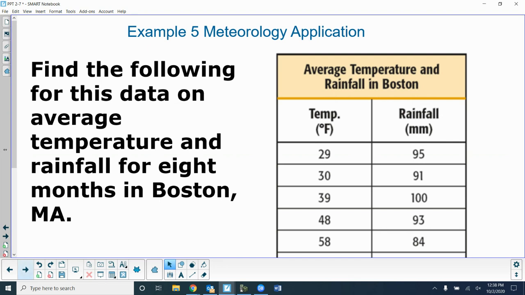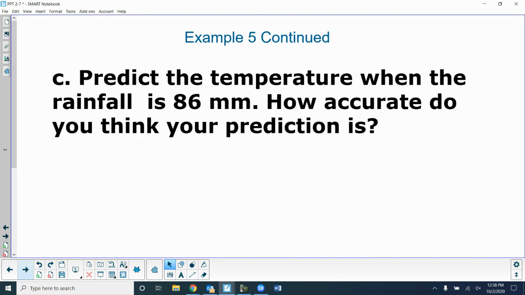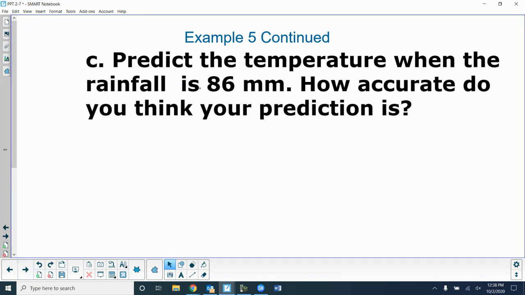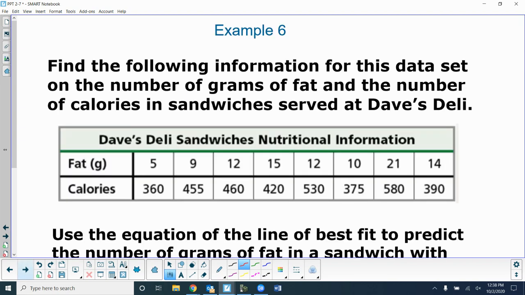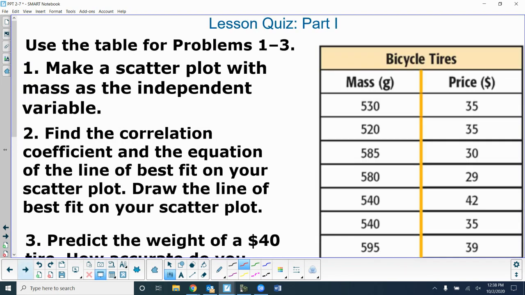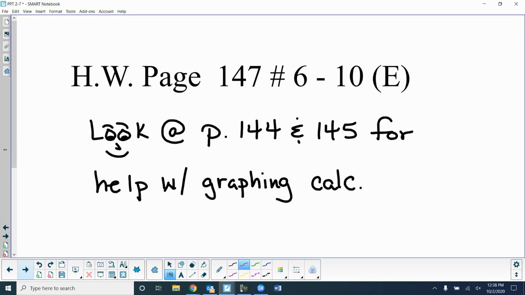You'll be asked some questions too, like predict the temperature when rainfall is 86 millimeters. Basically you'll just put that number in for X or Y, depending on which one it's representing, and solve the equation that you got. So you can make predictions.